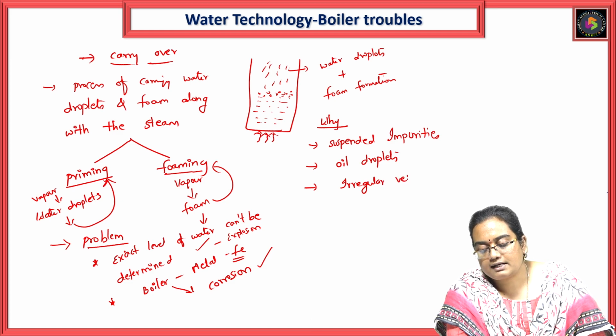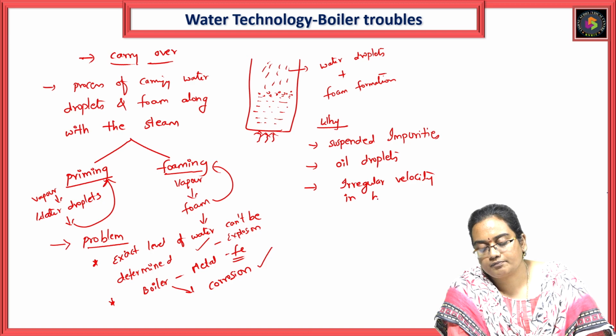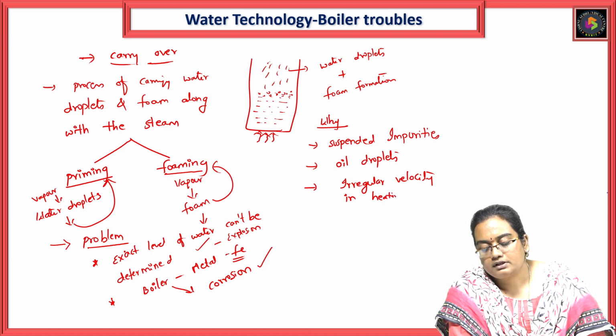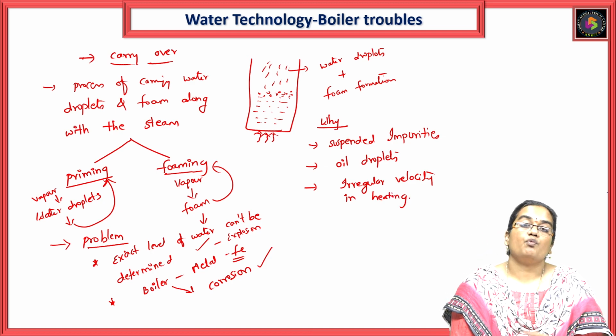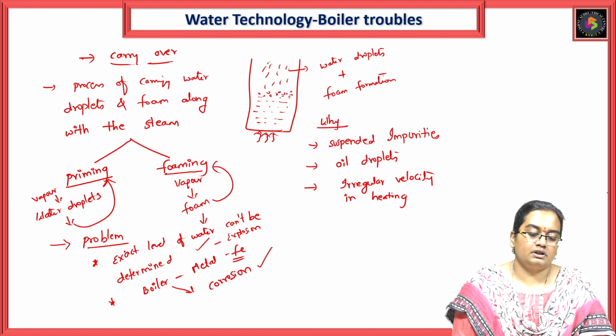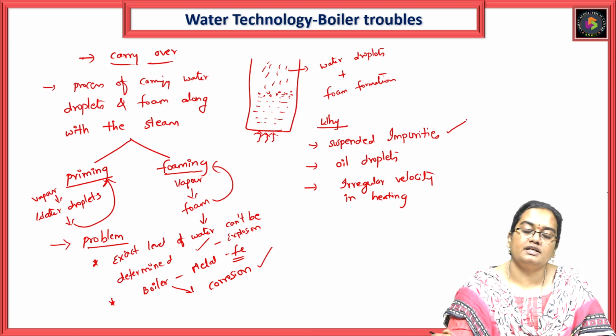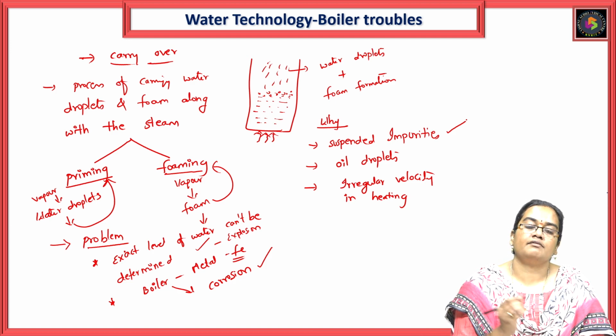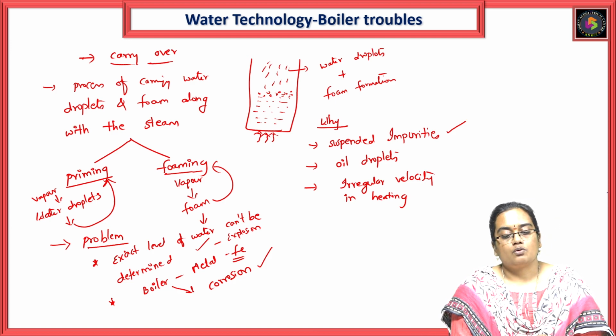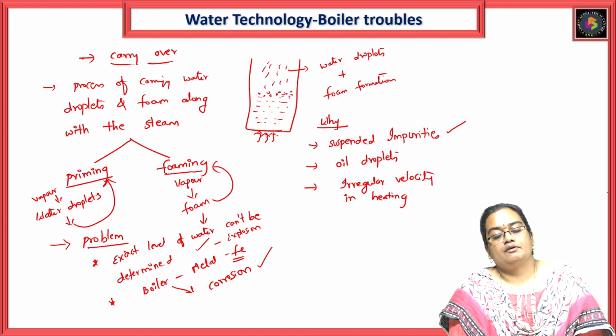So these are the reasons. Why this boiler trouble is getting the carryover problem is due to the presence of impurities, oil droplets, irregular velocity in heating. Now, how to overcome the carryover problem?